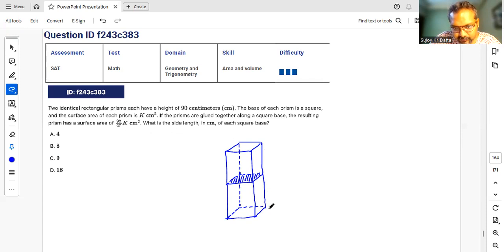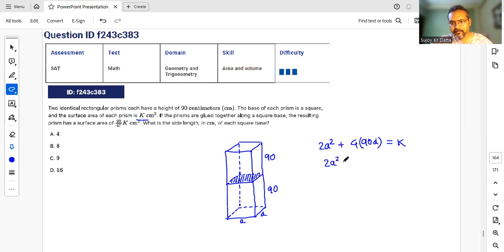Let us take the length of the square base to be A and the height is 90. For the original surface area, which is K, the base area is A squared. On the top you have another A squared. So 2A squared. One of the side faces would be 90 times A, and there are four of those. This is equal to K.